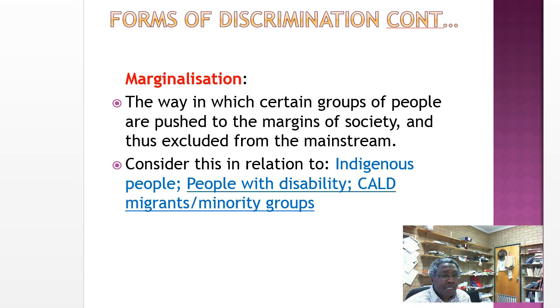People with disabilities sometimes can also become marginalized, by institutions and structures that don't recognize their specific needs. Cowed and migrant people can be marginalized. For instance, with the language, if you are going to use a language that they don't understand, and you don't provide interpreters or translators, then clearly they are going to be marginalized.